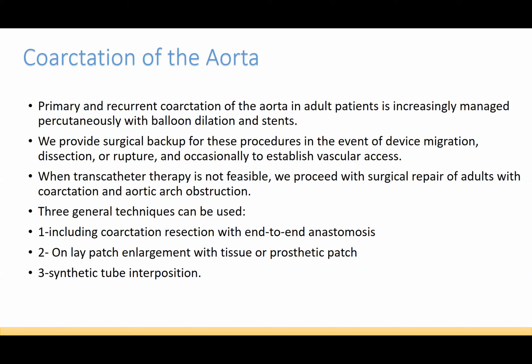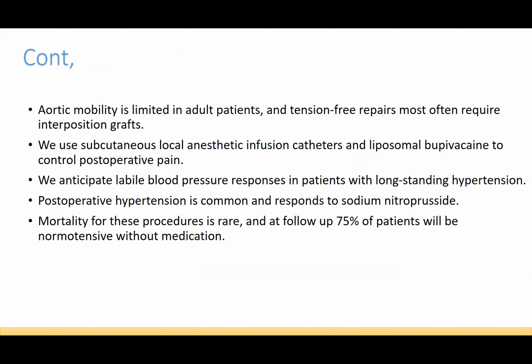There are 3 general techniques that can be used: coarctation end-to-end anastomosis, onlay patch enlargement with tissue or prosthetic patch, and synthetic tube interposition. Aortic mobility is limited in adult patients, so a tension-free repair requires interposition of a graft.